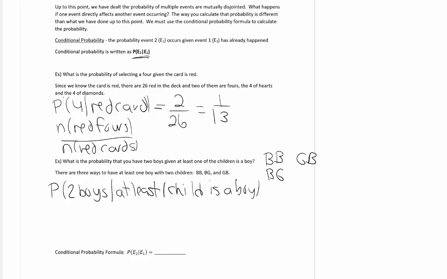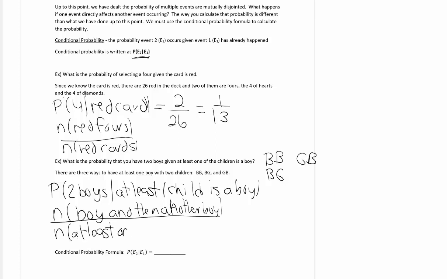So there are 3 different scenarios. So what are we thinking? It's the number of boy and then another boy over the number of at least one boy. When we take a look at this, the number that are both boys is 1 out of a total of 3 different scenarios.